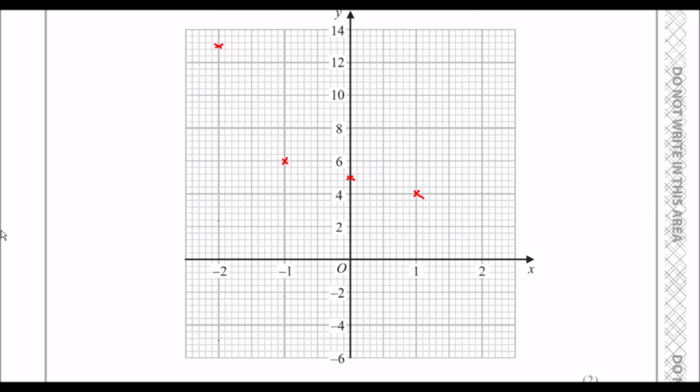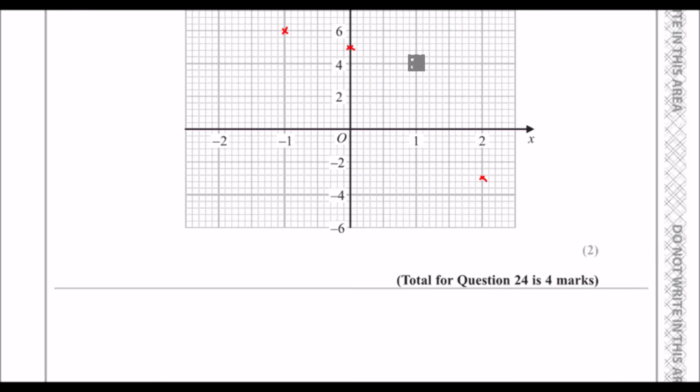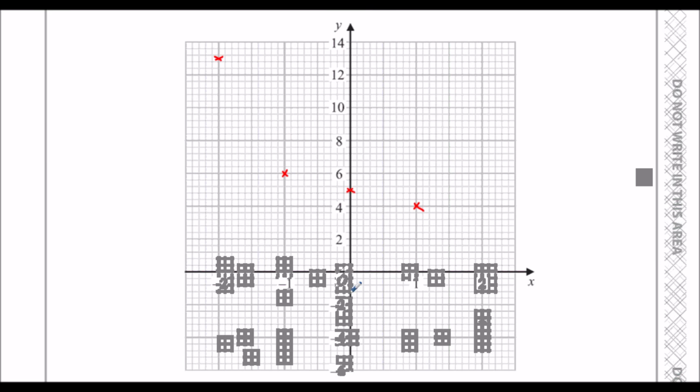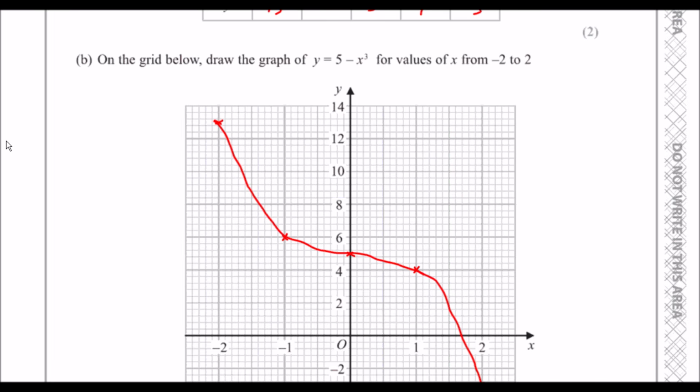And 2, -3. Now we're going to join them up with the curve. So something like that. And there is our graph.